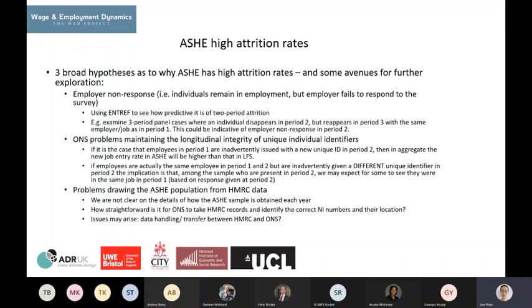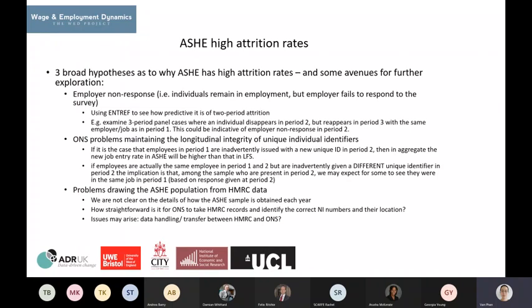Or we can even look at the job characteristics of the employees. For example, if these employees are actually the same employees in periods 1 and 2, but by some mistake they are given a different unique identifier in period 2, then among those present in period 2, we may expect to see whether they were in the same job in the previous period or not.